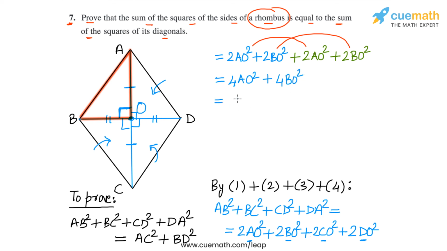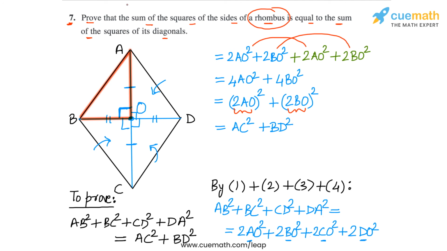Now 4 AO square can be written as the square of 2 AO, or twice AO whole square. And then 4 BO square can be written as twice BO whole square. And finally, twice of AO is simply equal to AC and twice of BO is simply equal to BD. So twice AO whole square is AC square and twice BO whole square is BD square.